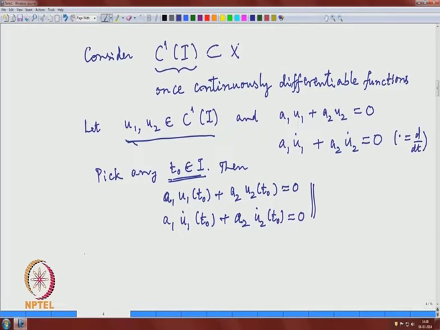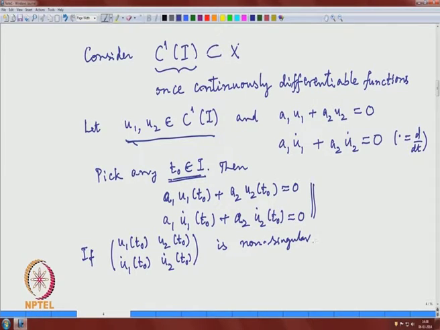So, if this matrix with entries U1(t0), U2(t0), U1 dot (t0), U2 dot (t0) is non-singular, it follows that a1 equal to a2 equal to 0.